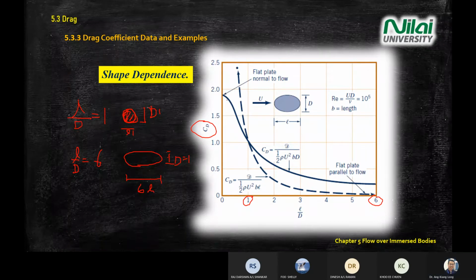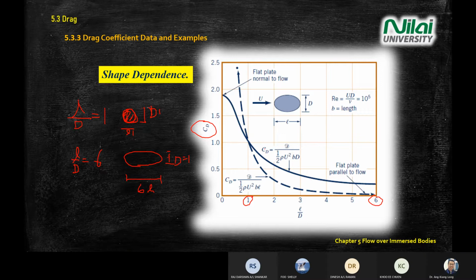This solid line here gives you the equation of CD. You can see that the line is dropping as you have a longer object, as you change the form of the object. The CD drops.